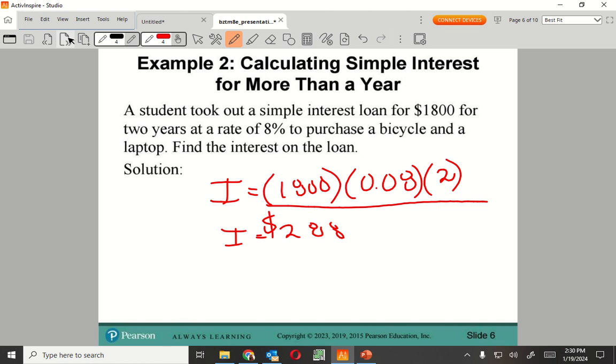So it's 288 in interest. But how much did you borrow in the first place? 1,800. So total, how much you give back to Stevie? 2,088. Very good. So that's what you're going to end up getting back in the end.